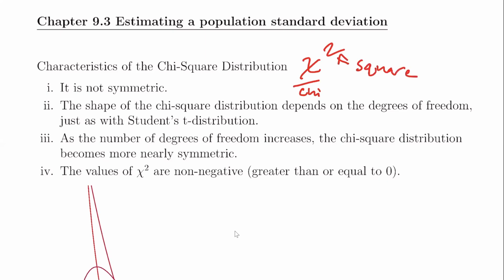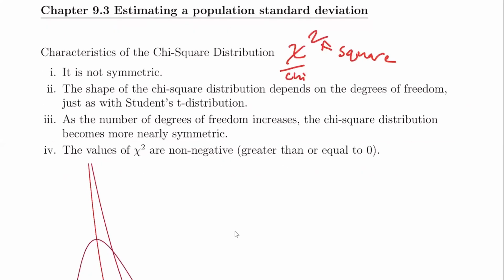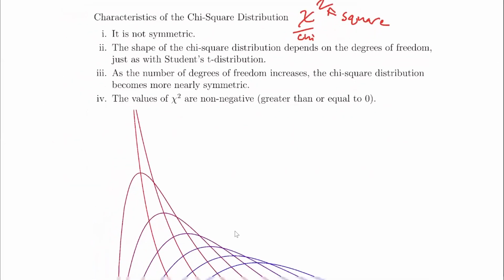So this is chi, this is square: chi-square. Let me give you some basic information in regard to chi-square.